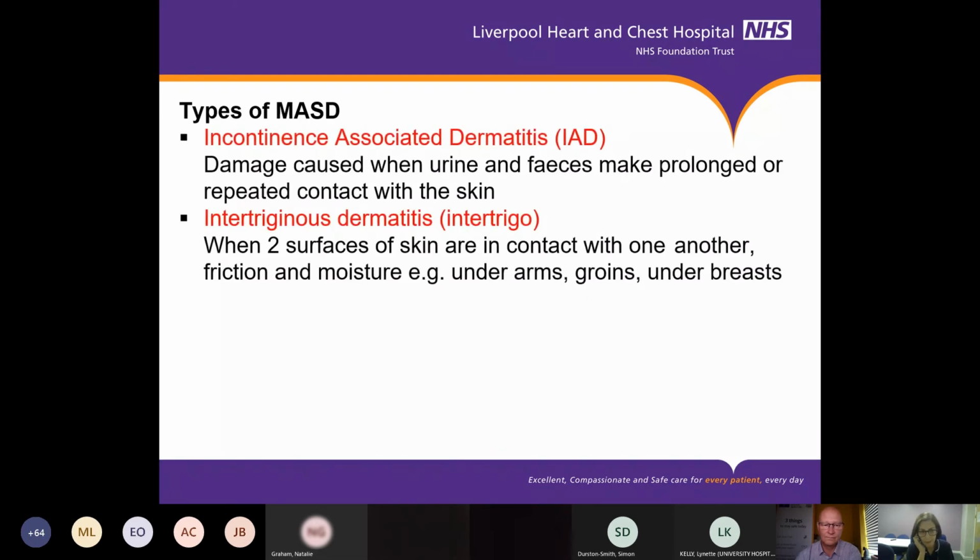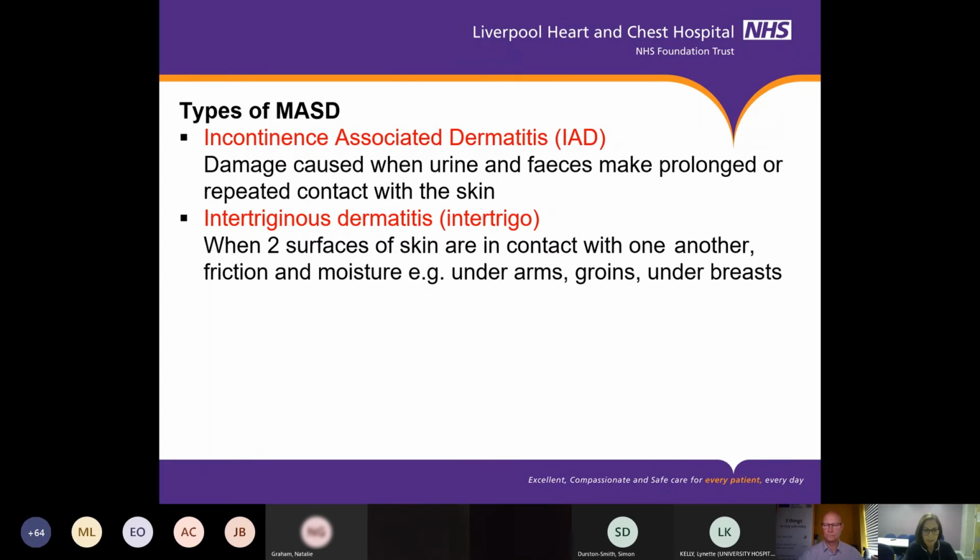The top two are certainly the most prevalent, and incontinence-associated dermatitis is the most prevalent amongst the types of MASD. Incontinence-associated dermatitis is damage caused when urine and/or feces make prolonged or repeated contact with the skin.